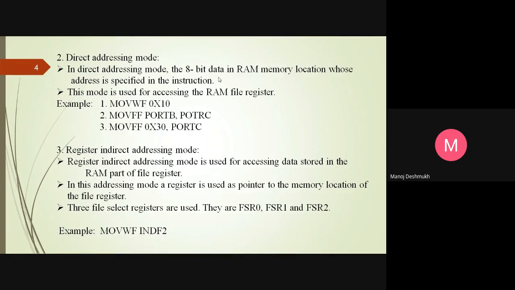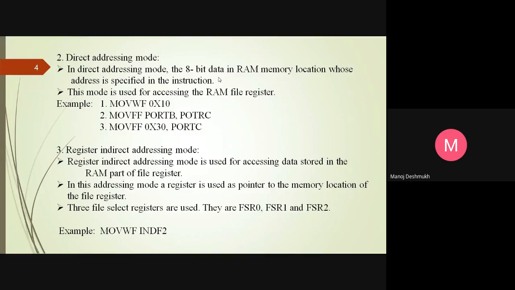So here also we will go with the different file registers, that is FSR 0 or any other names you have mentioned. According to that, you first assign the particular memory location to that particular FSR, and then we use that particular FSR in your instructions, multiple times or single time.